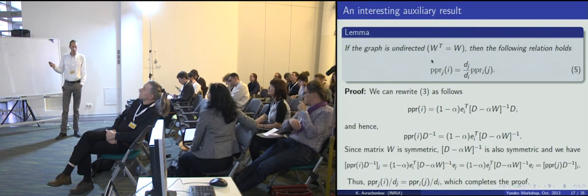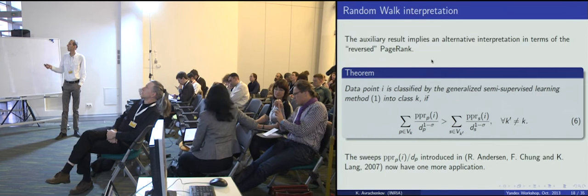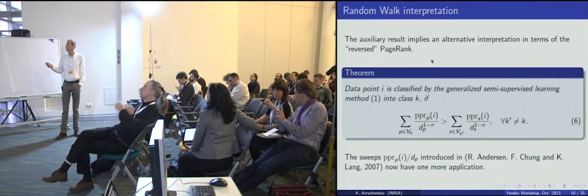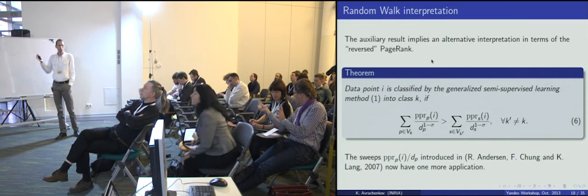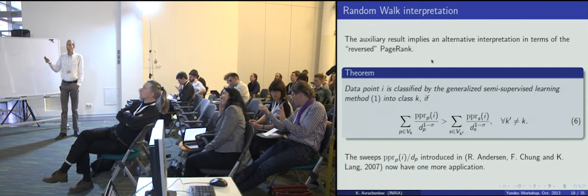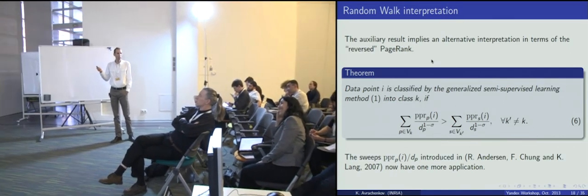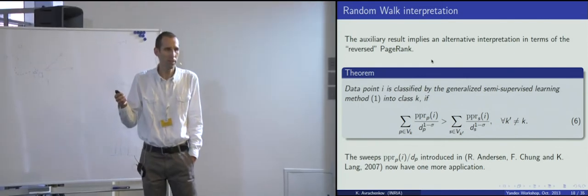So this little result allows us to come up with an alternative formulation. We plug this result into our previous criterion to get a slightly different formulation. Now let's see how it works for our little social network graph.